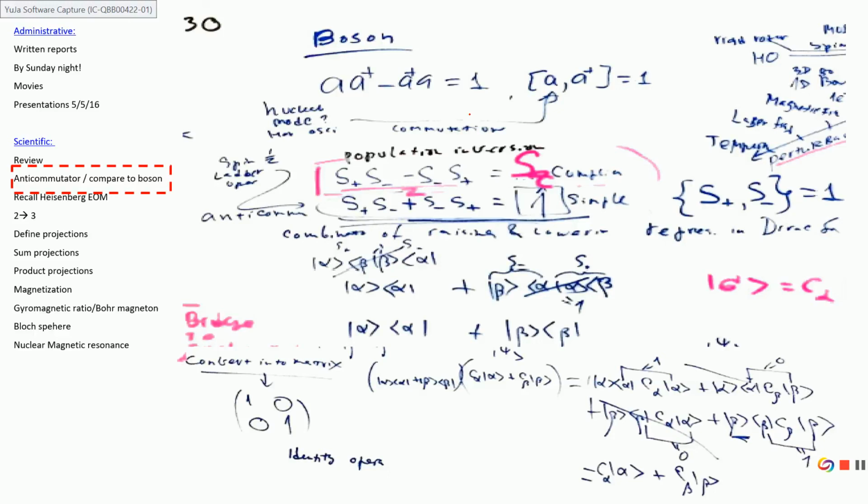Here, in order to get 1, we need to add together products of creation and annihilation. Now, who cares, plus or minus? But in this case, we need to look at this little line: S plus S minus plus S minus S plus gives the identity operator. And here one needs creation and annihilation subtracted to get an identity operator.